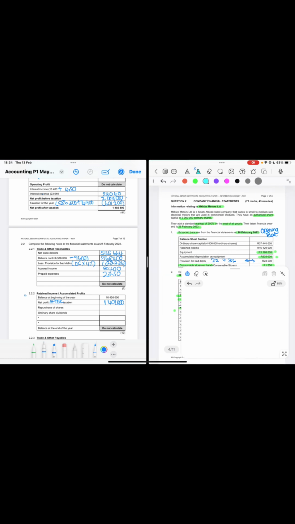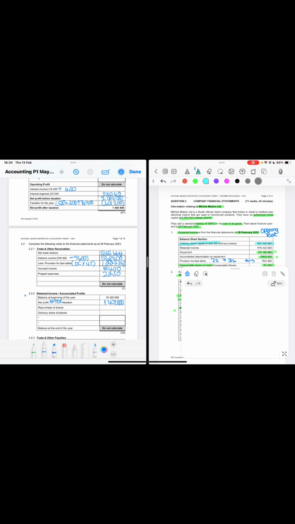Let's come back here. We have our opening balance for ordinary share capital, which is 37,440,000, and that is 4.8 million shares. At the top we want the value of the shares, at the bottom the number of shares.